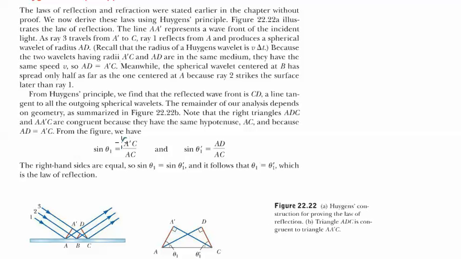The two right-hand sides are equal, so sine theta 1 equals sine theta 1 prime, and it follows that theta 1 equals theta 1 prime, which is the law of reflection.